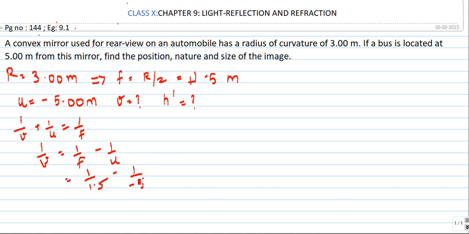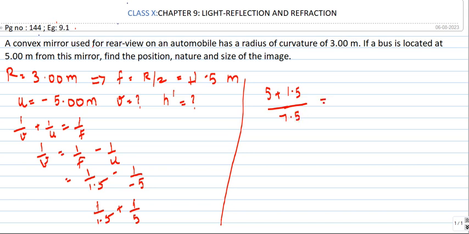So what do we have? 1 by 1.5 plus 1 by 5. When we take the LCM, we will have 5 plus 1.5 by 7.5, which is equal to 6.5 by 7.5. This is 1 by v.